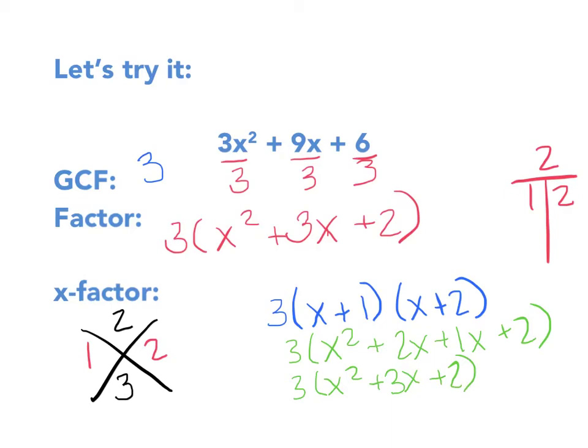And then if I distribute that 3 back, I'm going to get 3x squared plus 9x plus 6. And that definitely matches our very first trinomial that we were given. So that checks out and we did it correctly.